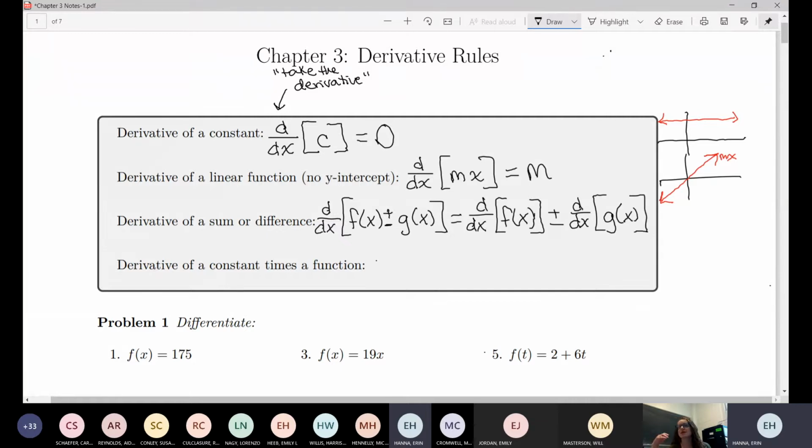So the nice thing about derivatives is we can just jump through addition and subtraction. We take the derivative of each piece and then plop it together.